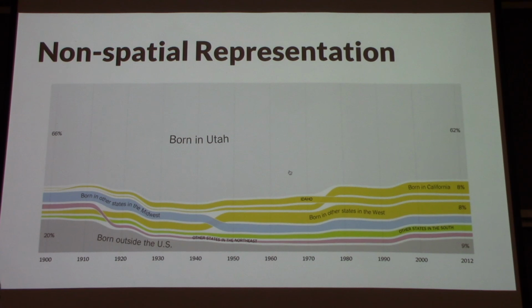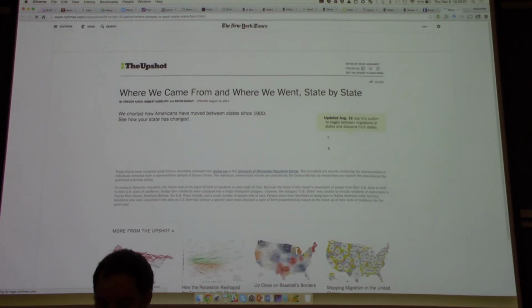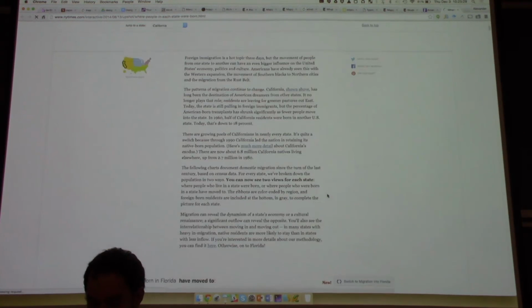You can see that 62% of the people that currently live in Utah were born in Utah. Some were born in California, but generally the West and Midwest dominate. Other states in the South and Northeast, there's not really a lot of migration between the Northeast and Utah. And for every single state, there's an example here.